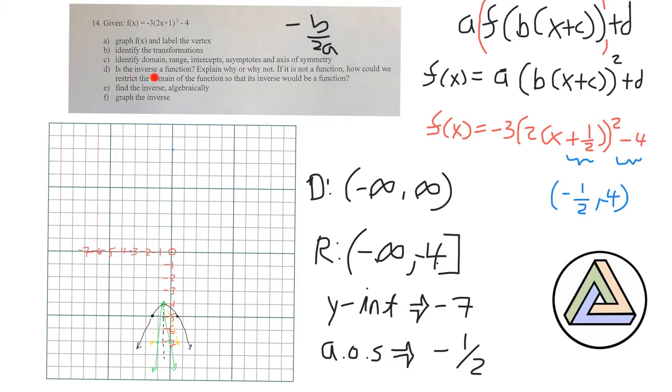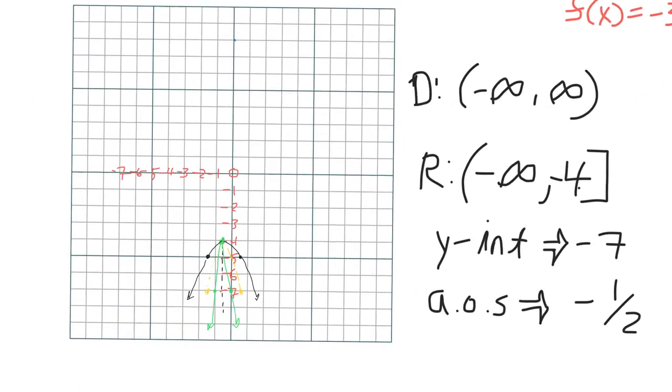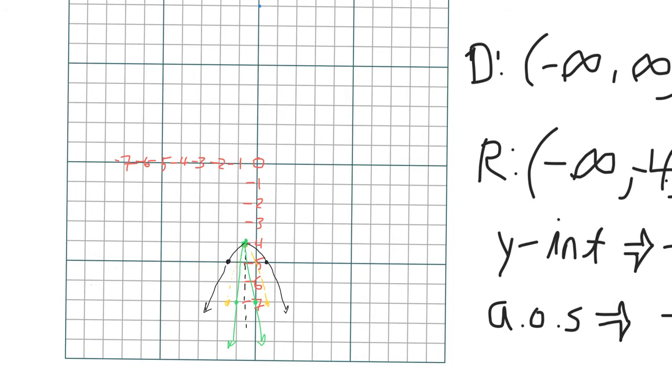Is the inverse a function? Okay, well, there is a visual way of knowing whether or not the inverse itself is a function, and that is to imagine an invisible dotted line cutting through like that with a slope of 1/1, passing through the origin.